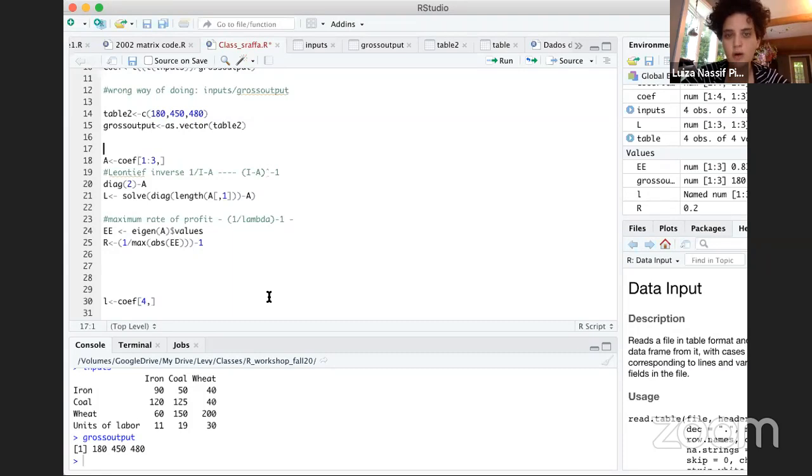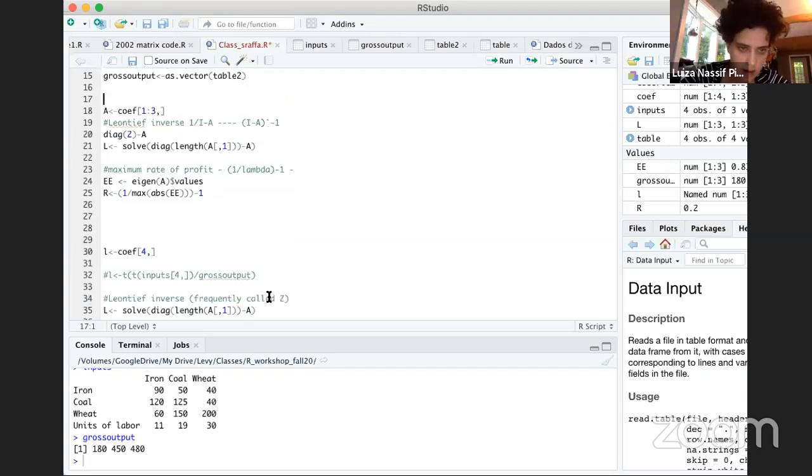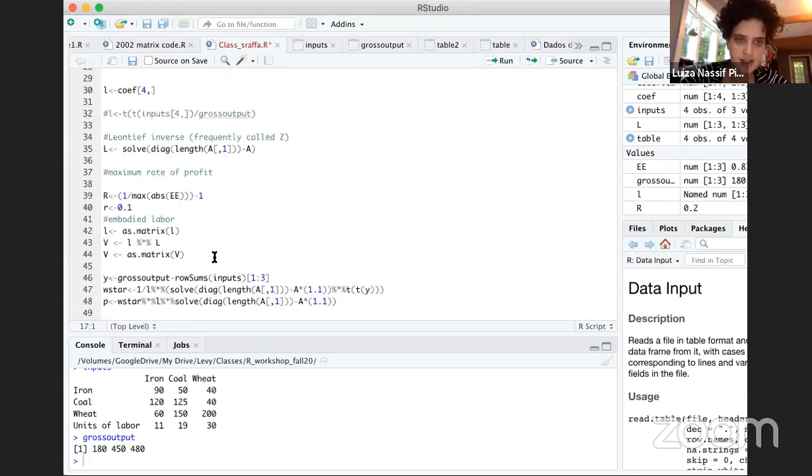So it's the total amount. The Leontief is the total effect in a multiplier sense. When you multiply things by the Leontief, you get the total impact of something in your economy. And so our embodied labor is going to be our labor coefficients vector multiplied by the Leontief table. That's going to give you the total.